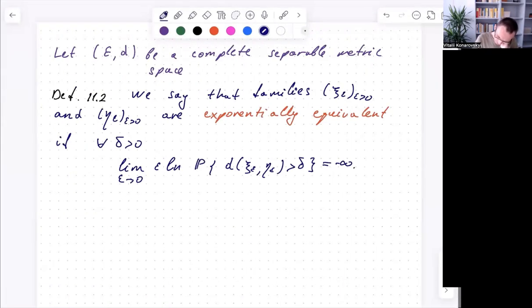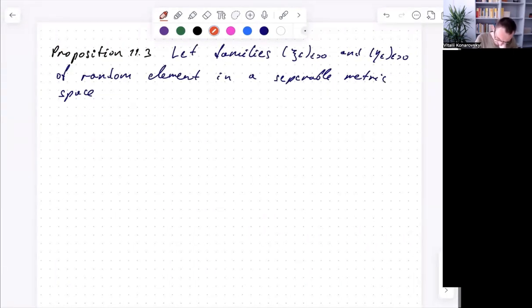By the way, maybe for this proposition we don't need to assume that the space is complete, so let's remove that. It seems that for this proposition we don't need to require completeness.